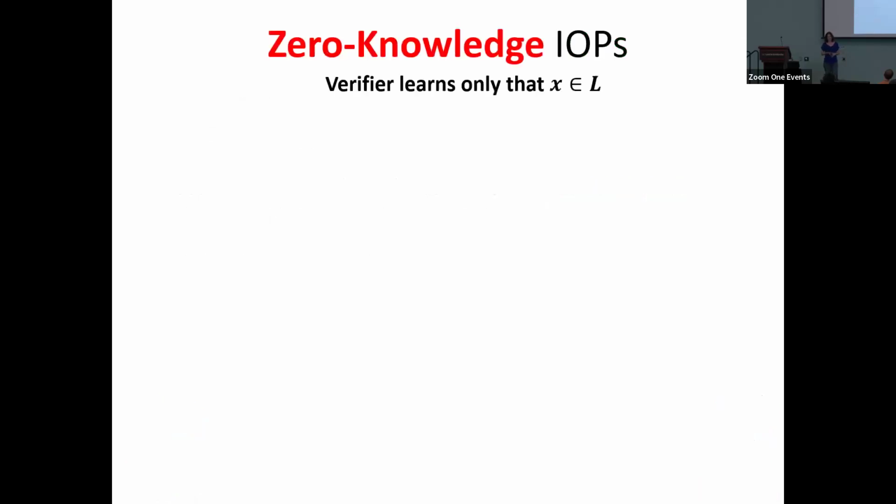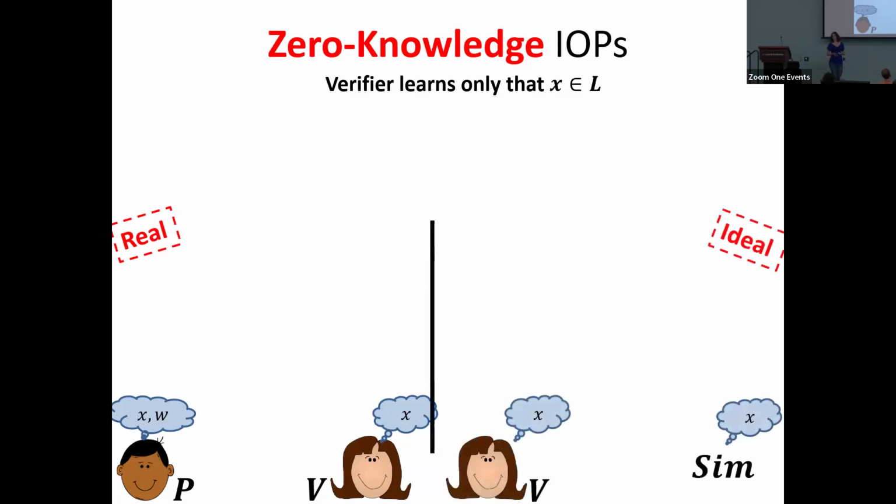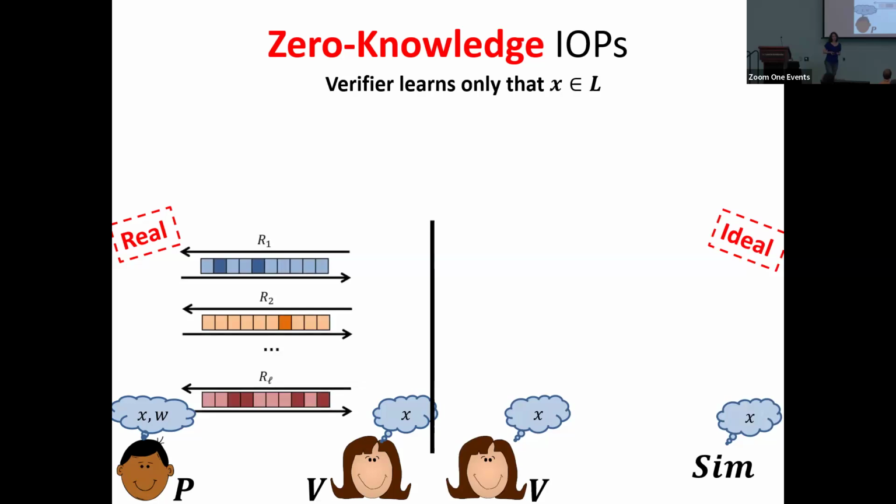So these are IOPs, and today I want to talk about zero-knowledge IOPs, which are IOPs in which the verifier learns nothing except the fact that the input is in the language. And this is formalized in the simulation-based paradigm, comparing the real-world execution to an ideal execution with a simulator. We want zero-knowledge to hold against malicious verifiers that could potentially make many more queries to the proof compared to the honest verifier.